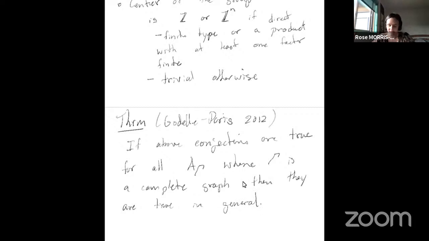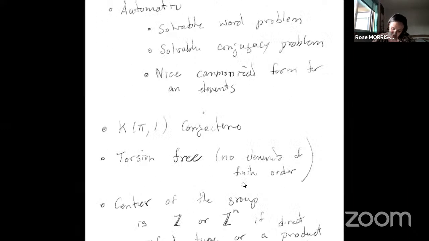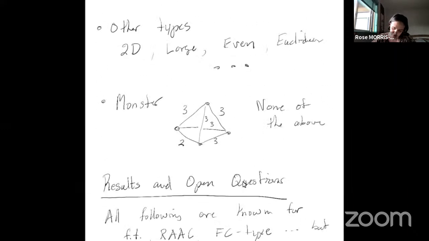So in some ways, this says, I've been talking about how these are open questions for all Artin groups. We don't really know any of these things for all Artin groups, and this gives us a nice way of zooming in on exactly the Artin groups that we really want to study. Notice that this one up here, this monster that I was talking about earlier, is an example of a complete graph.